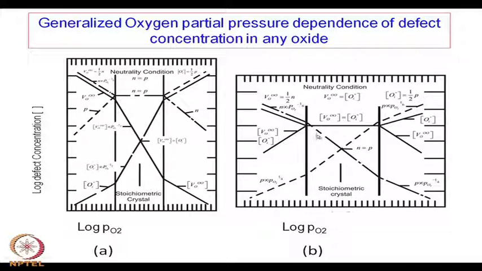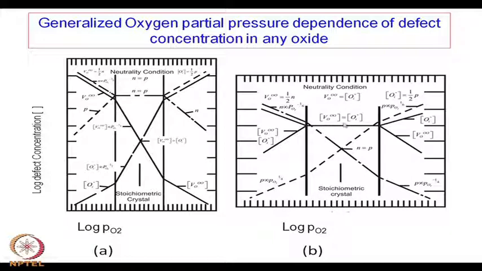The only difference here is this value. The equilibrium constant for n and p, the electronic compensation, is lower than that for oxygen vacancy and oxygen interstitials. So, this value is higher.